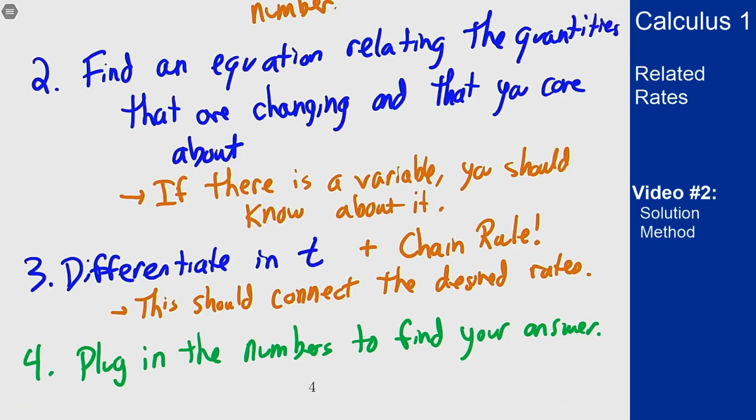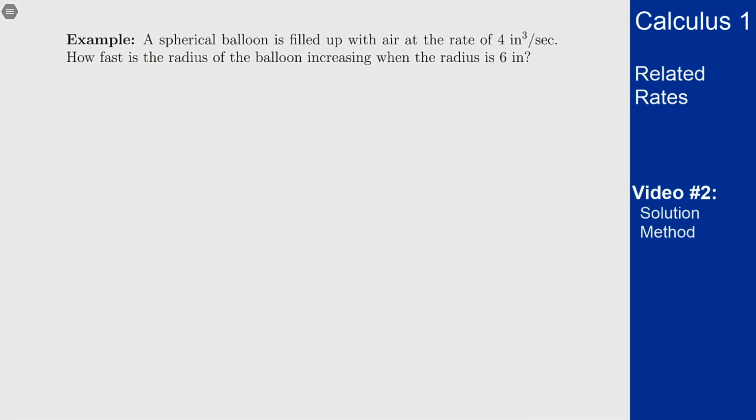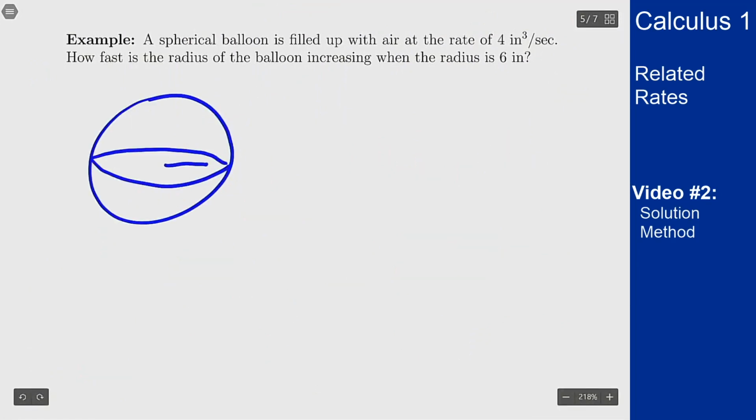Let's look at our example from last time and see what it looks like. Here's our same spherical balloon problem. Step one is draw a picture. It's a sphere. I have a radius r, and I know the equation I care about here is that the volume is 4/3 pi r cubed.